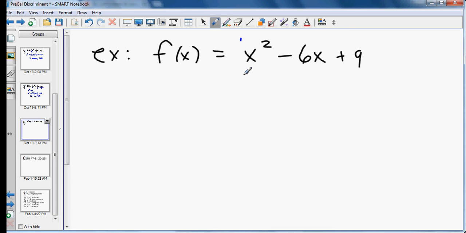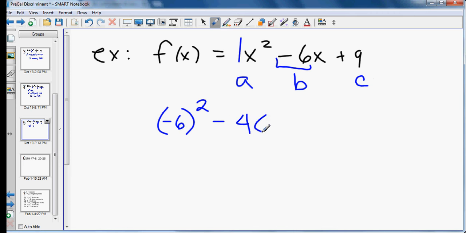I do b squared, negative 6 squared, minus 4 times 1 times 9. Because it's b squared minus 4ac. Negative 6 squared is positive 36. Make sure if you put that in your calculator, you do include the parentheses or you'll get the wrong answer. 4 times 1 times 9 is 36, so we get 36 minus 36 equals 0.